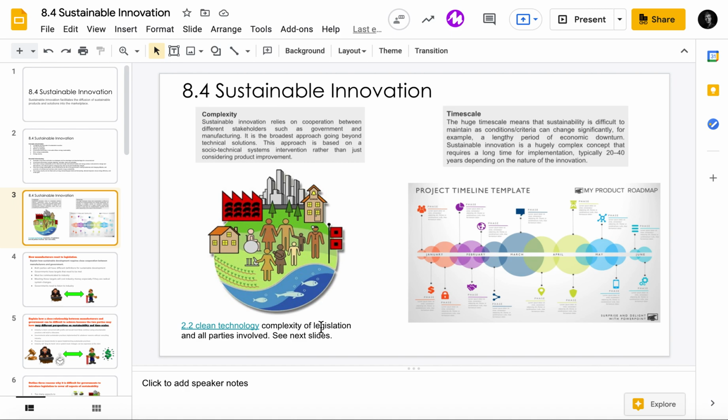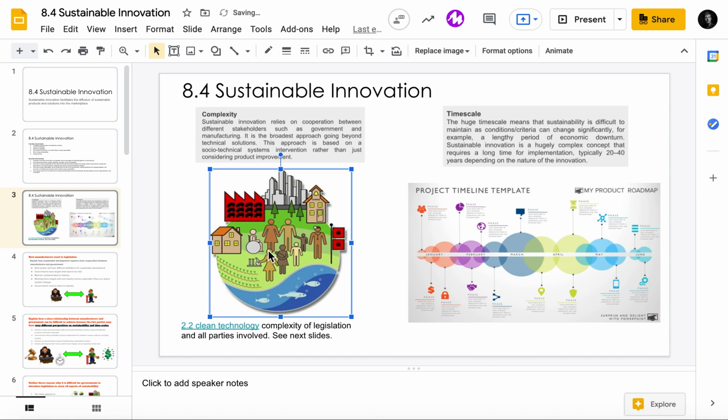Okay, so to start off with, we've seen this before in clean technology, but a lot of it is about the complexity, or these things that happen with sustainable innovation or even sustainability in general. One, it's really, really complicated. There are lots of factors that people, governments, companies, or designers need to consider, because it's everything from wildlife to agriculture to big cities to small towns to people to children to disabilities.